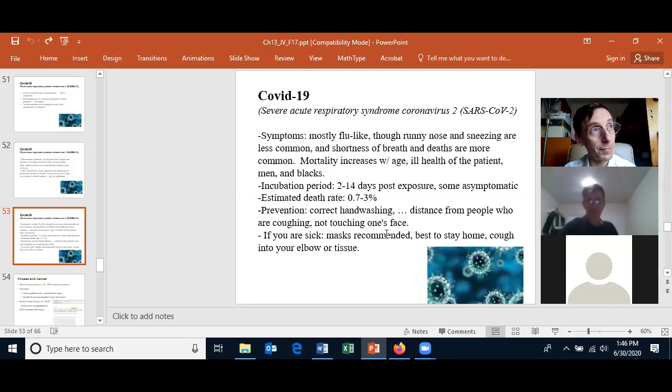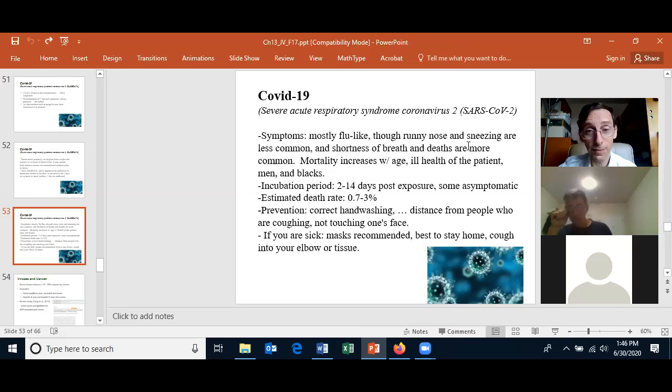The symptoms of COVID-19 are very much similar to the flu. Let me see if I can remember. They added 2 symptoms recently, which I don't have here, but I think you can get diarrhea or constipation from COVID-19, and I don't remember what the second one was, but mostly they're flu-like symptoms, although runny nose and sneezing are less common with COVID-19 than with the flu.